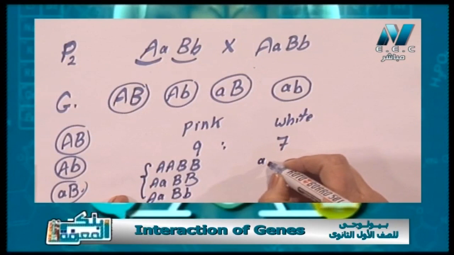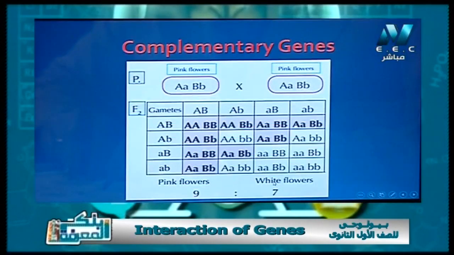There must be one of the two pairs in recessive state. It could be like this.